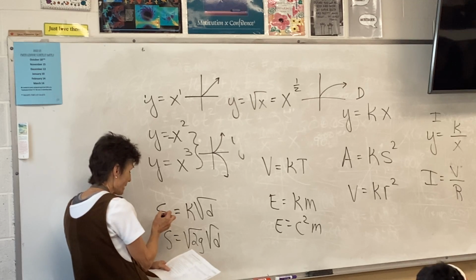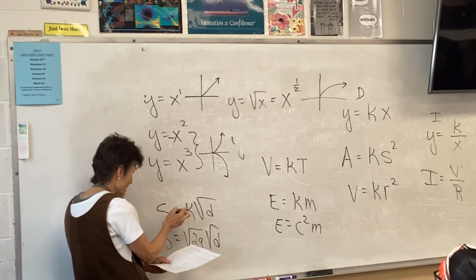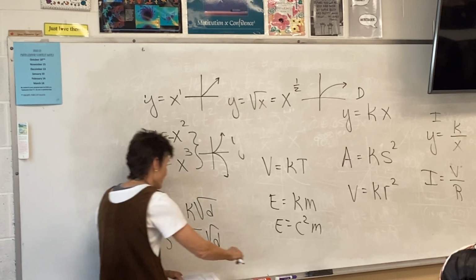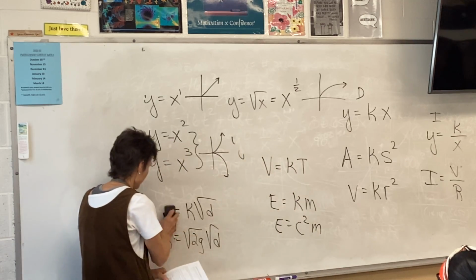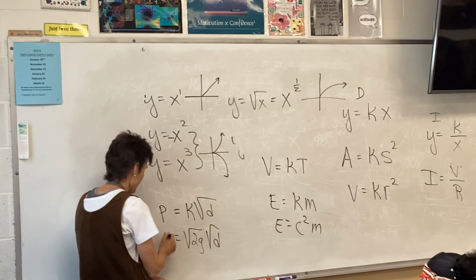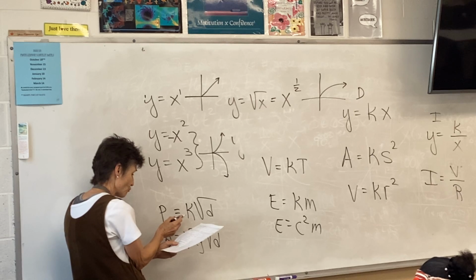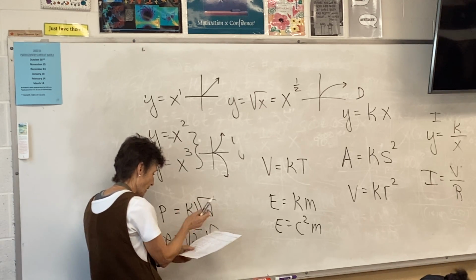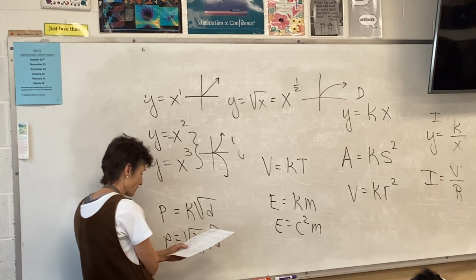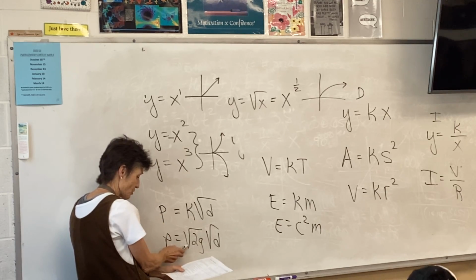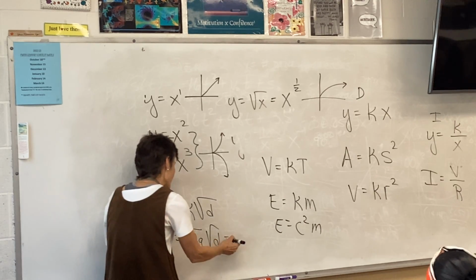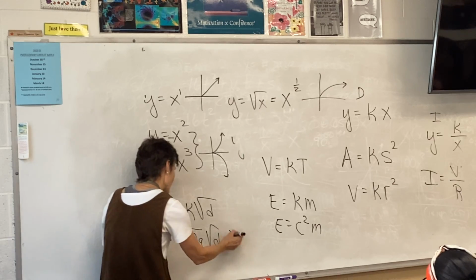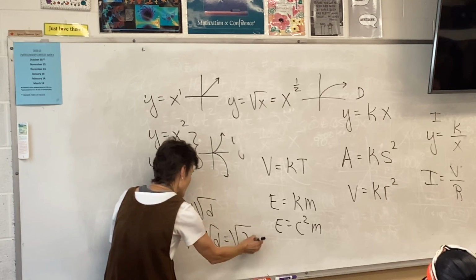So the speed varies directly. Oh, it says speed P. I'm supposed to be using P, sorry. The speed P varies directly as the square root of the distance, and K is the square root of 2G. Can I put those together and write 2GD?